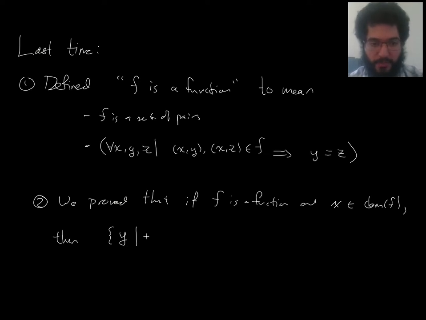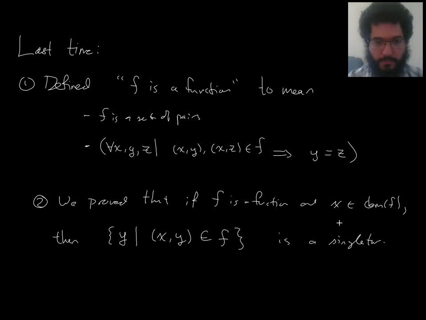Then what we proved is that if you take the collection of those somethings, the possible things that can sit in the second position in a pair that is in f, then this is a singleton. This was Theorem 49.